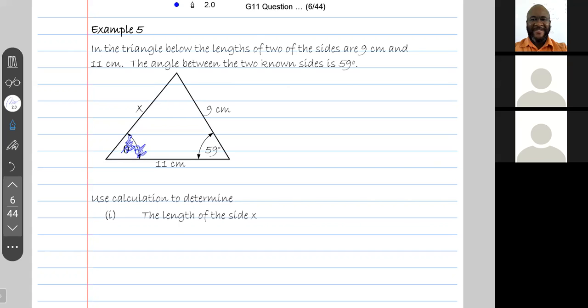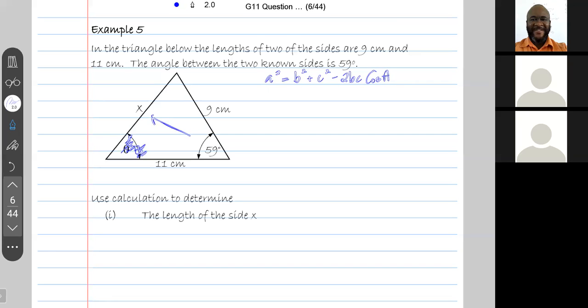that is a condition for applying the cosine rule, which says a squared is equal to b squared plus c squared minus 2bc cosine a. That's the formula. In the formula, capital A is the inclusive angle, and small a is the side opposite the inclusive angle.